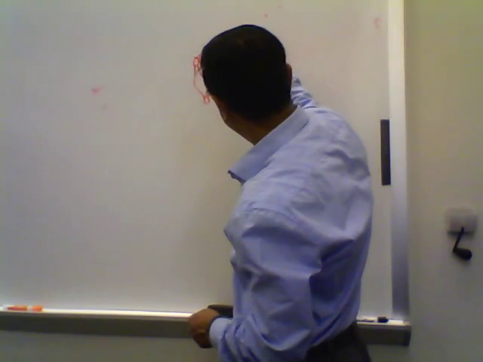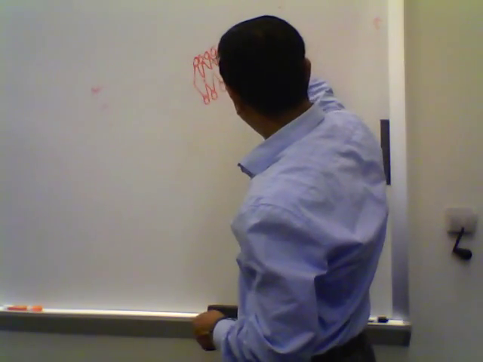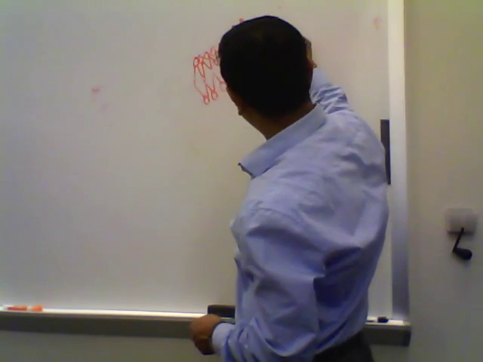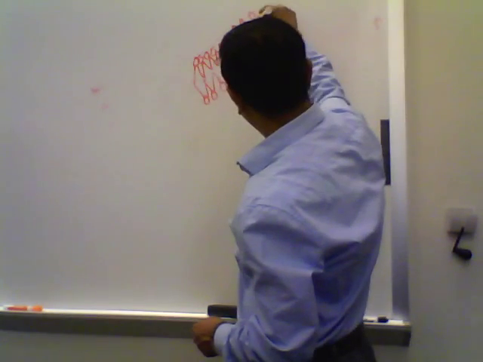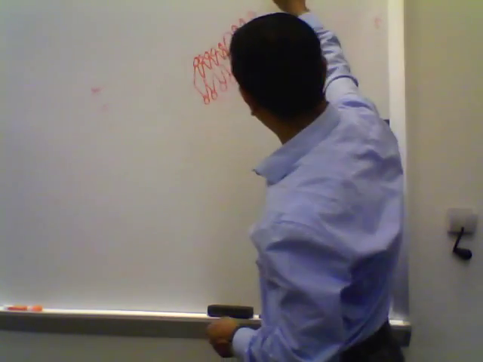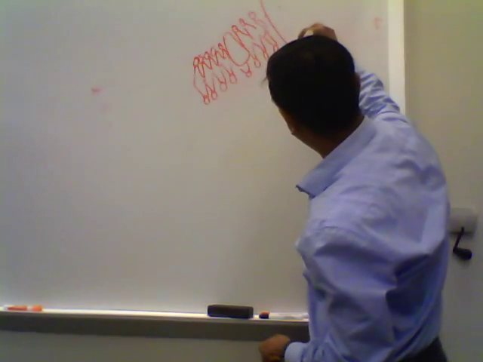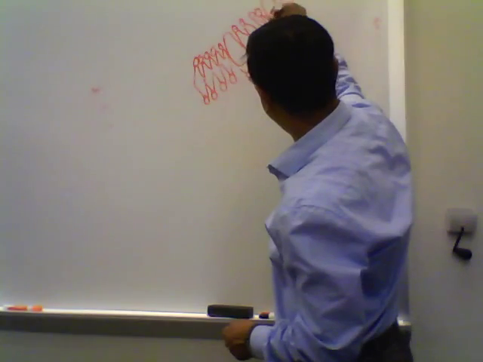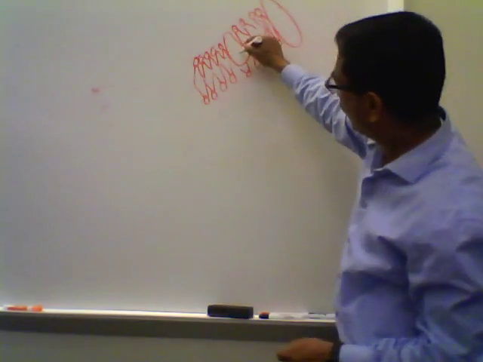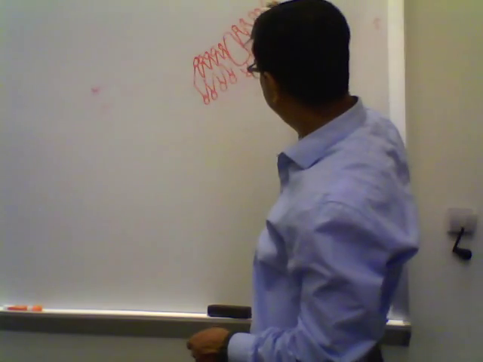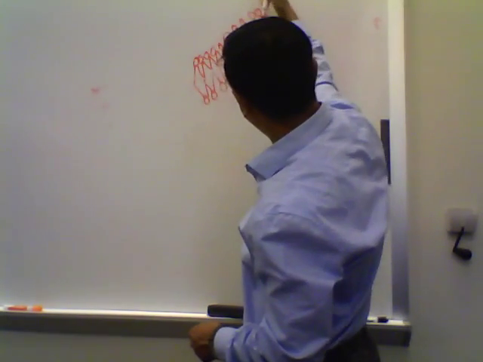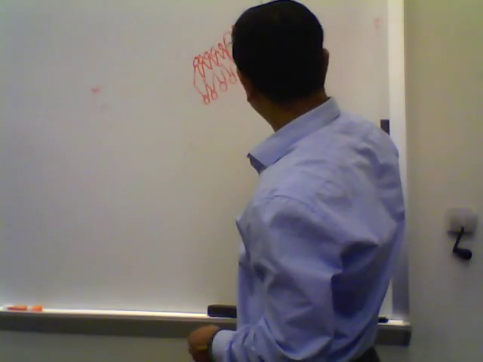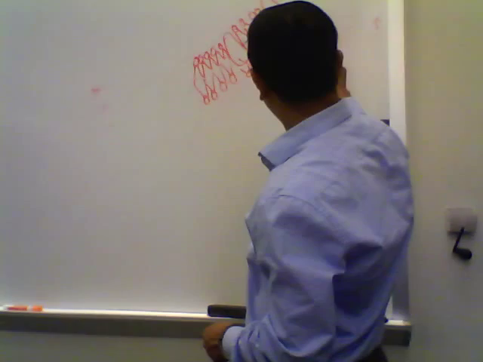This is the protein. And you'll see in some places the proteins are passing all through the cell membrane. Those are called integral proteins. So if the proteins are deeply inserted or passing all through the cell membrane, those are integral proteins.